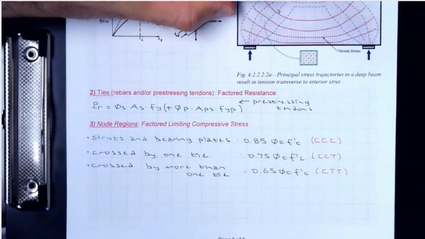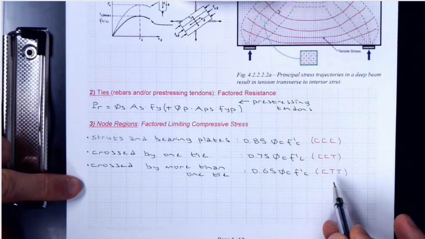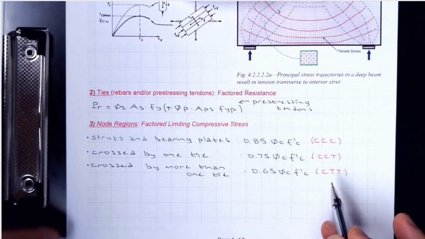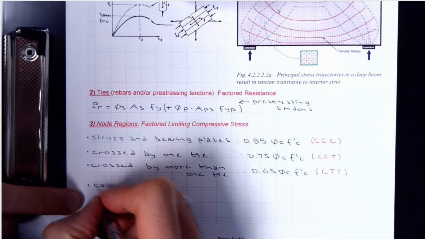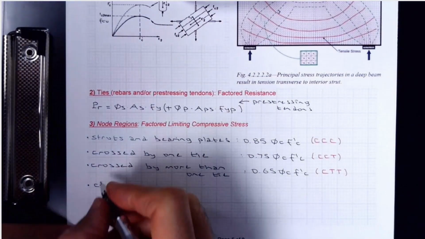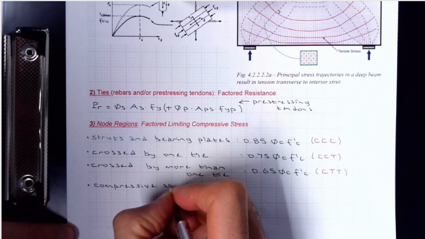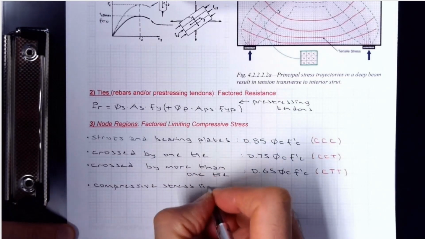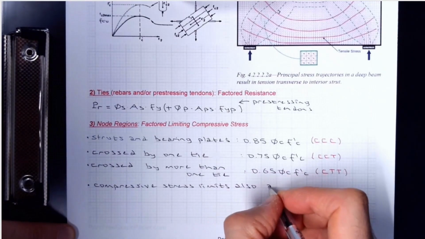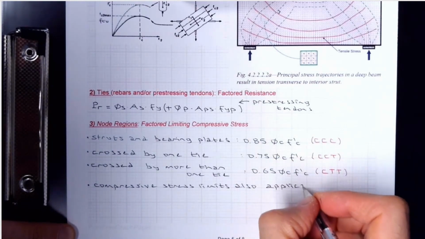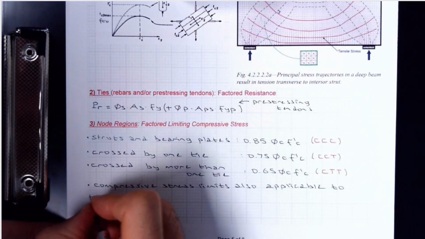So when we develop a model in the second hour, we would use these in that development. One thing which is additional knowledge, compressive stress limits are also applicable to tie reinforcement.